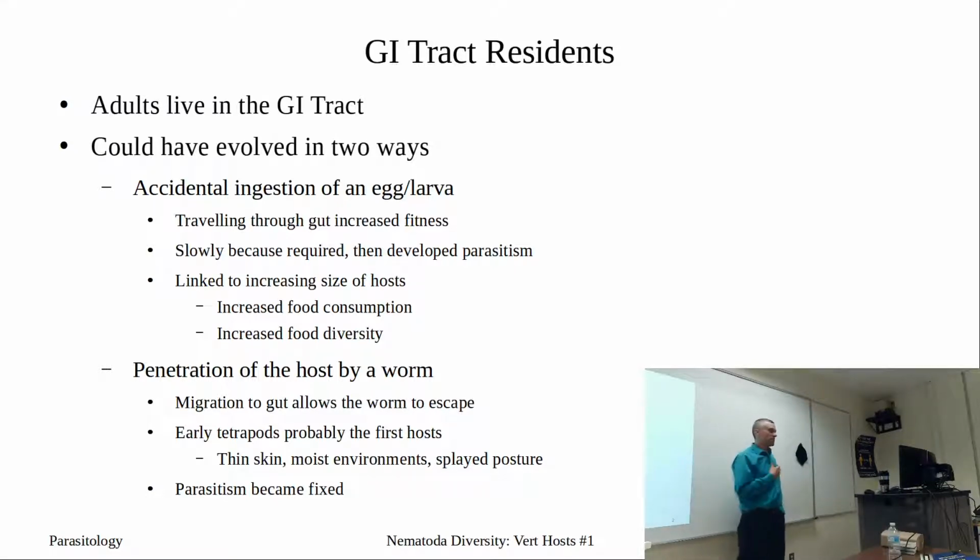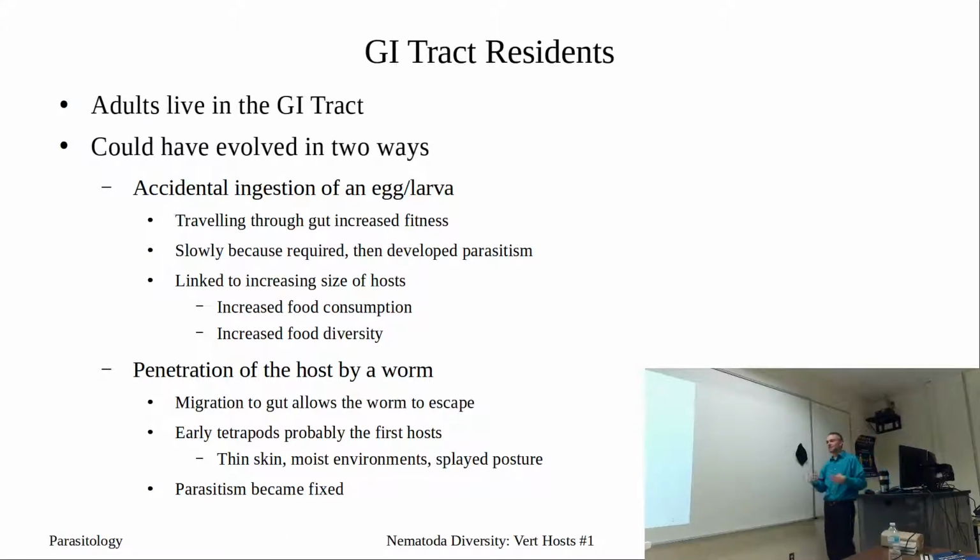So the first way in which we develop this parasitism is probably through... I lost my train of thought because I read this line and it doesn't make any sense. What was I trying to say there?